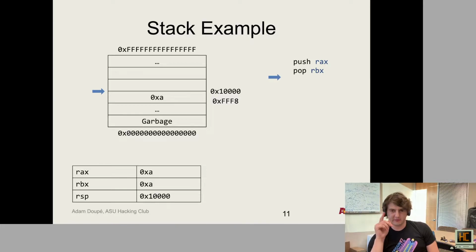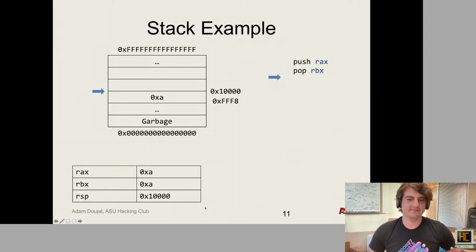What was the value of RSP before these two instructions, and what was the value afterwards? It got moved further down into the stack, but afterwards we added 8 back to it, and now RSP is right back at 10,000 hex where it was at the start.